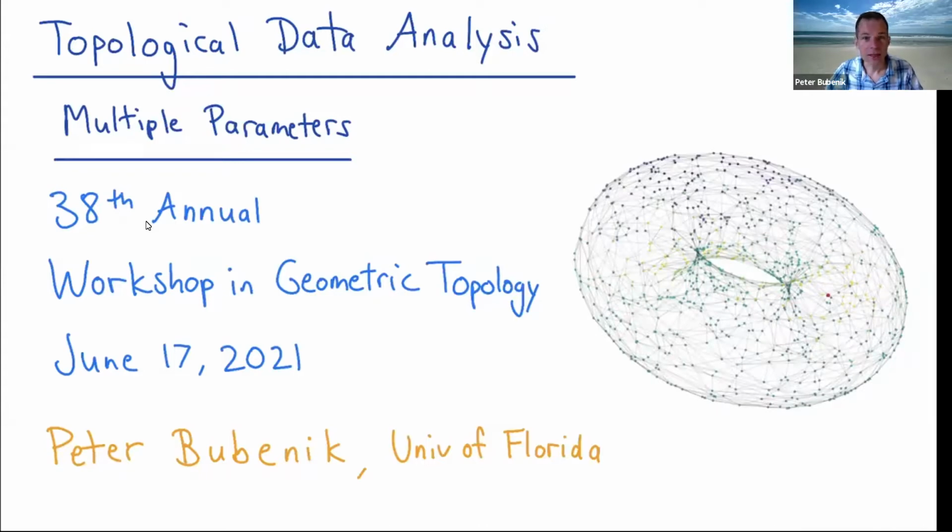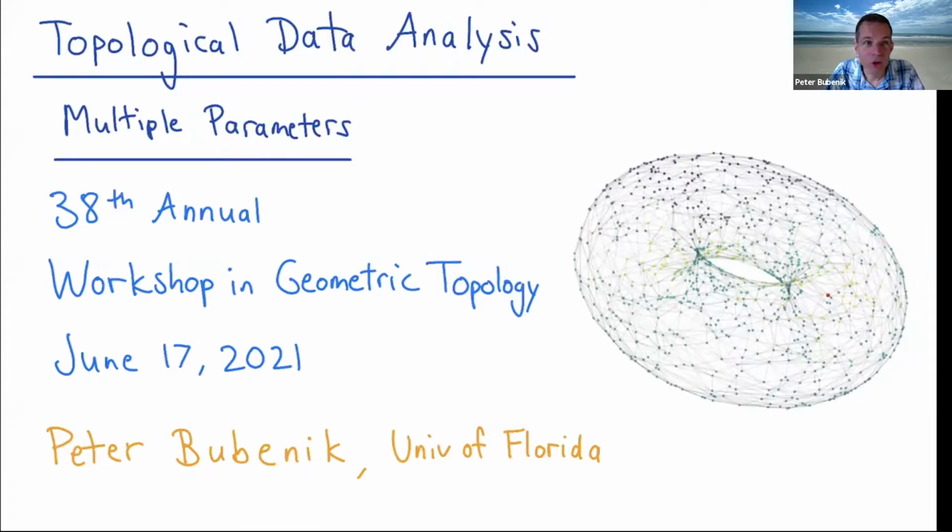So today we're going to look at multiple parameters. Up until now, we've been looking at diagrams of spaces and their homology, which is called persistent homology. The simplest setting, which is the one we've been focusing on throughout, is the case where the diagrams are indexed by one parameter.